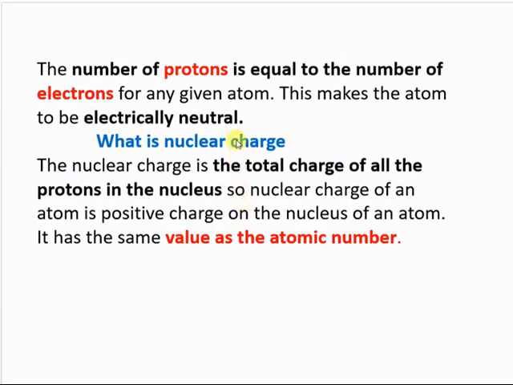Another thing I want you to understand is this: the number of protons is equal to the number of electrons for any given atom. This makes the atom electrically neutral. Very important. So now know that the number of protons and the number of electrons are equal. Then that takes us to define what we call nuclear charge, because I'm going to mention nuclear charge again and again.